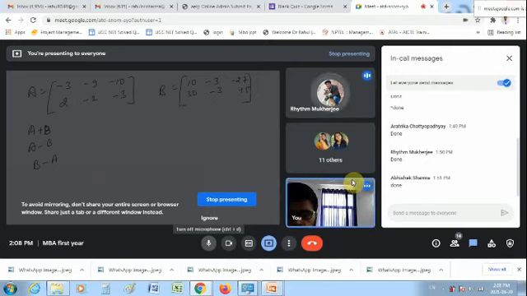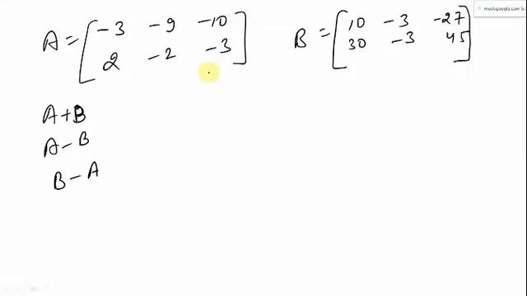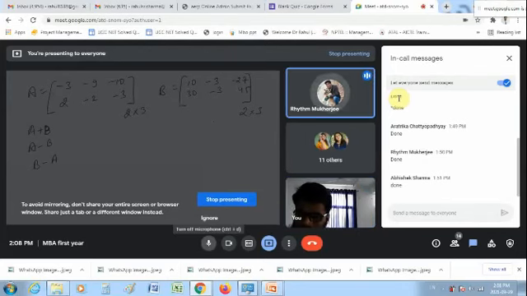Screen got frozen on my phone, so the matrix wasn't complete. Now I understand. Ridham, I was saying they are of same order. This is 2 cross 3. This is also 2 cross 3. Yes, sir. Now I understand. Actually, the screen got frozen, so the matrix was showing as half, like the first one was 2 cross 3, and the second was 2 into 2. Got it. Please do it.